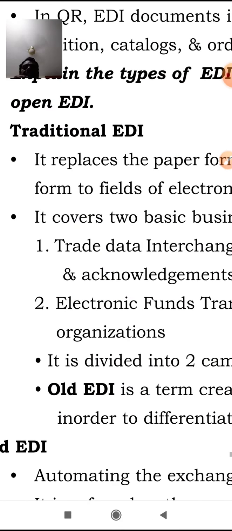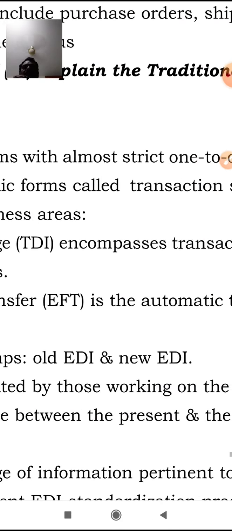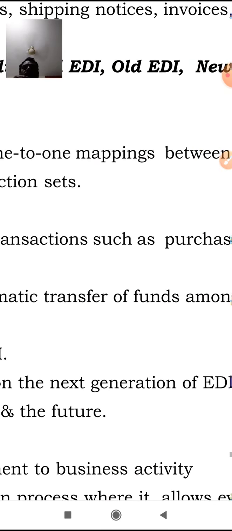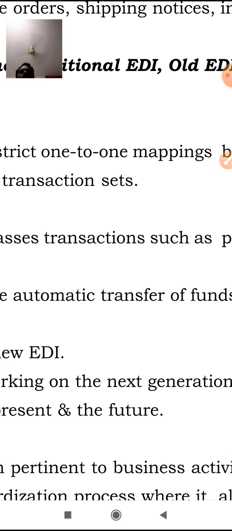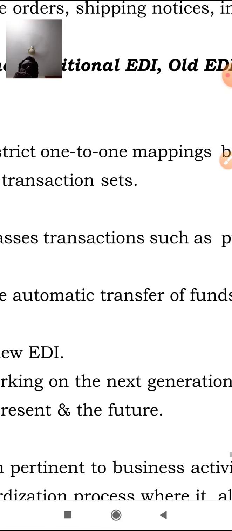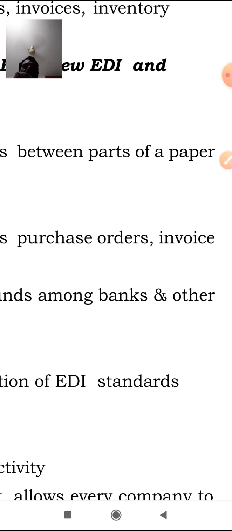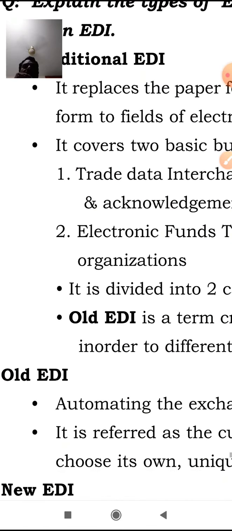With the help of transaction sets, the paper information is stored and received in the form of one-to-one mapping.